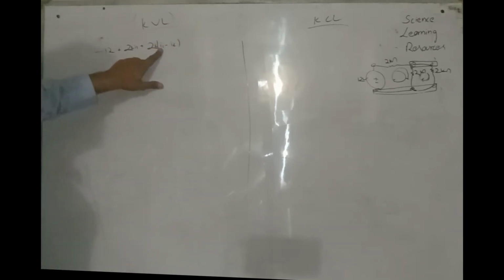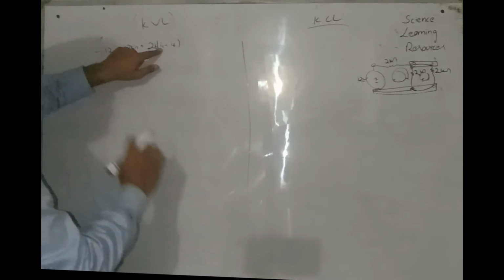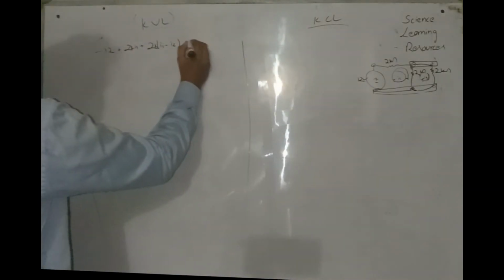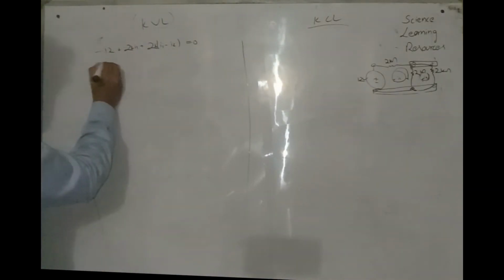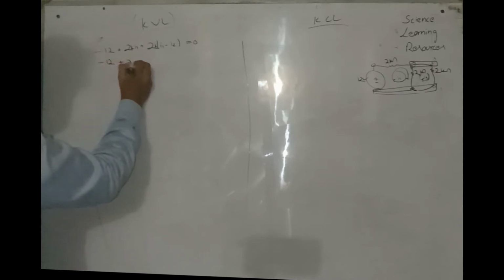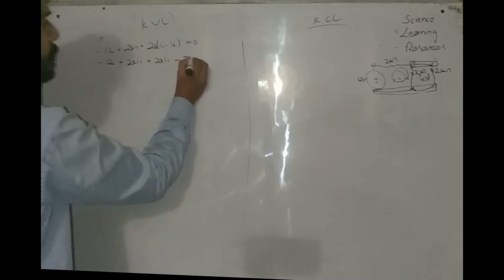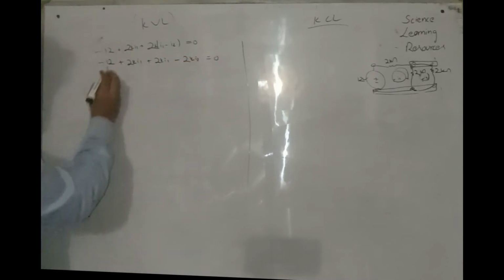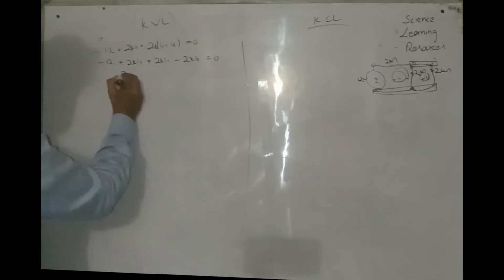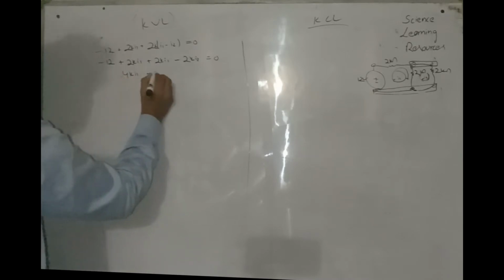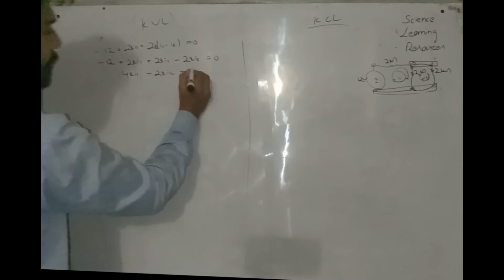You first write the current of the loop you are in, I1, then I2. The whole thing equals 0. Simplifying, we get 2k I1 plus 2k I1 minus 2k I2, so 4k I1 minus 2k I2 equals 12.